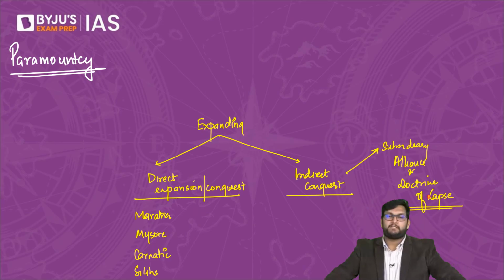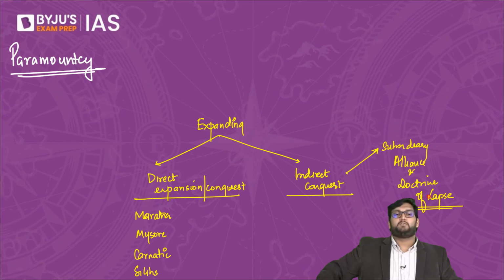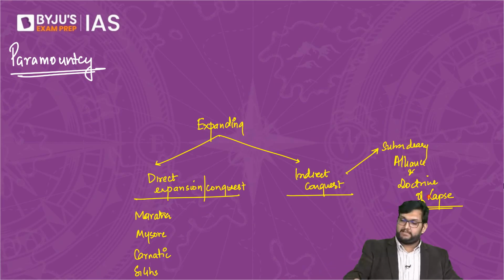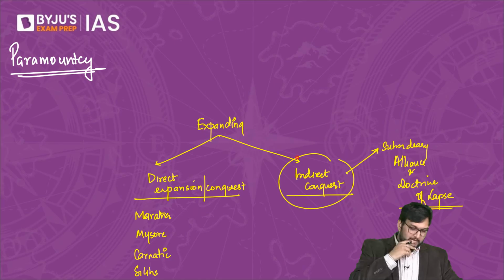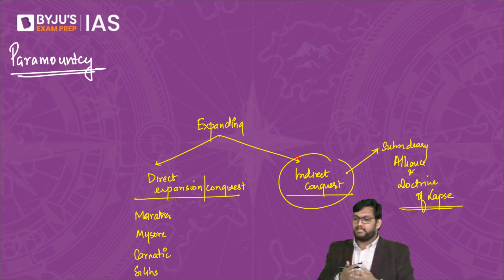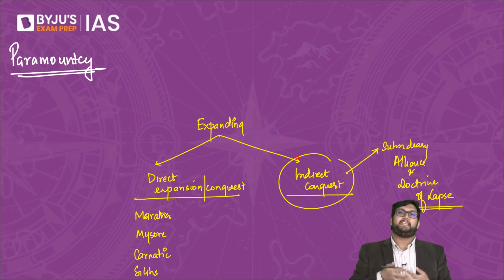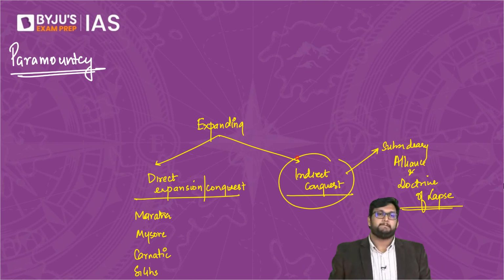However, even after following this concept of indirect conquest, not all the different parts of India came under the British.